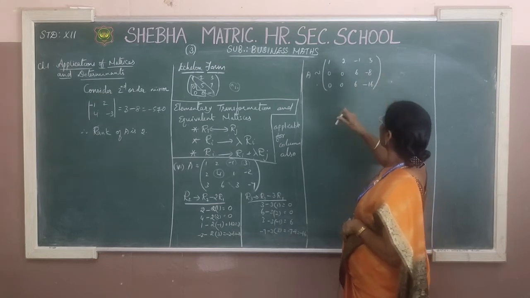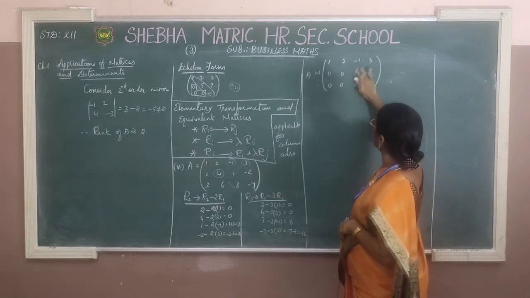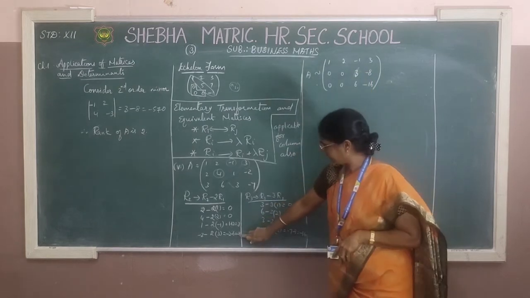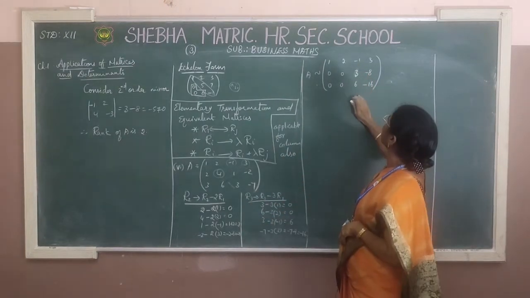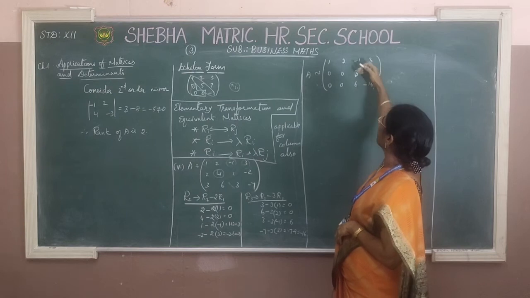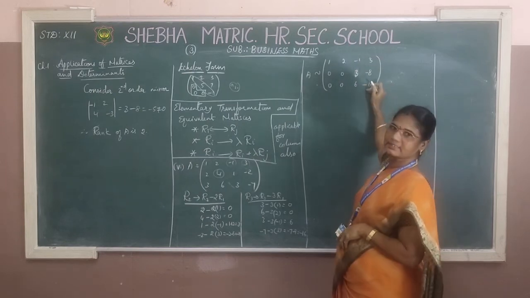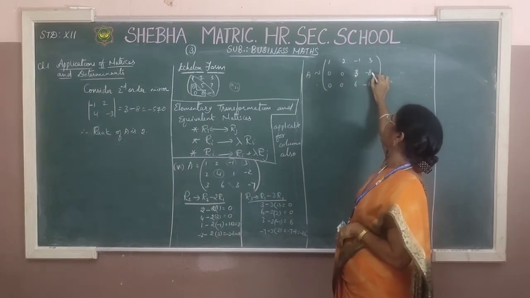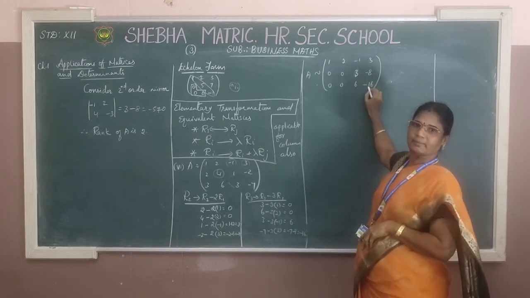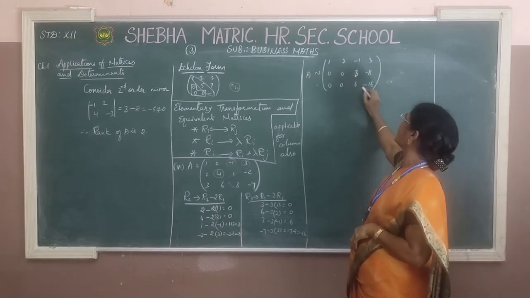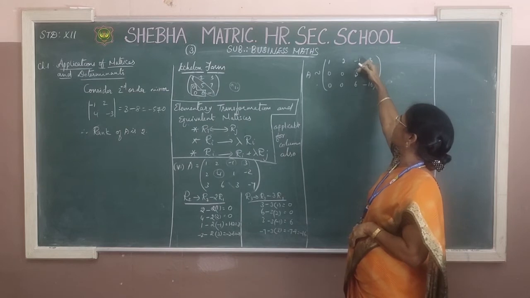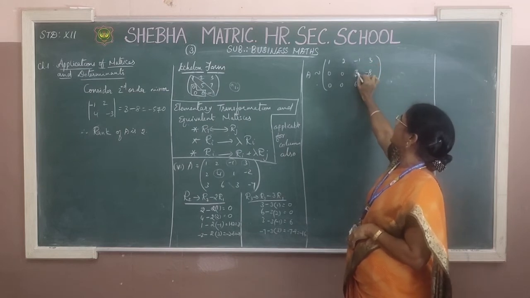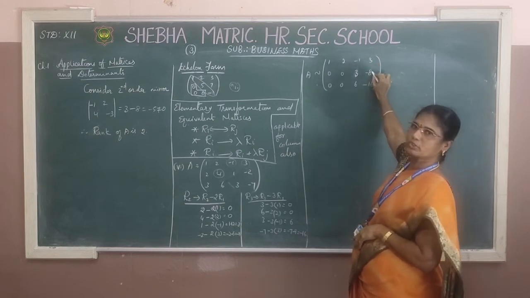Sorry, the second row has 3 and minus 8. Consider 3, minus 8 and 6, minus 16. 3 and minus 8 are proportional to 6 and minus 16, isn't it? Because if you multiply this row by 2, we get what? 3 into 2 is 6, minus 8 into 2 is minus 16.